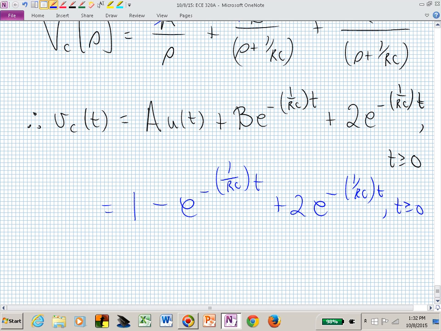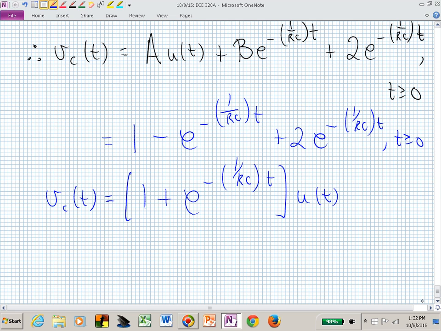We can combine those, which says that we now have 1 plus e to the minus 1 over RC t. And I could say, switch that on at 0. Or you could write that as 1 plus e to the minus 1 over RC t and say that's only valid for non-negative values of time.